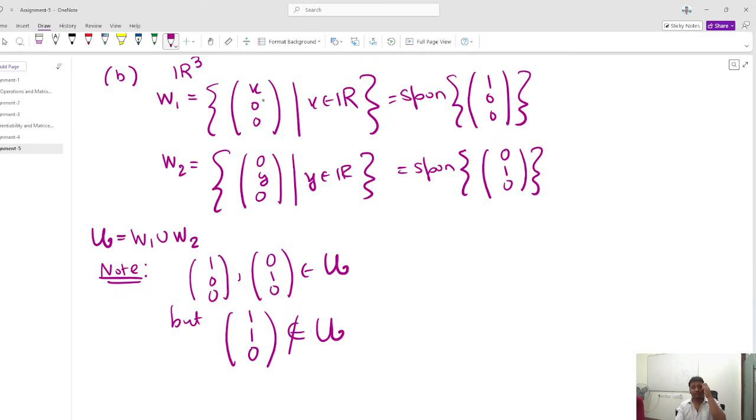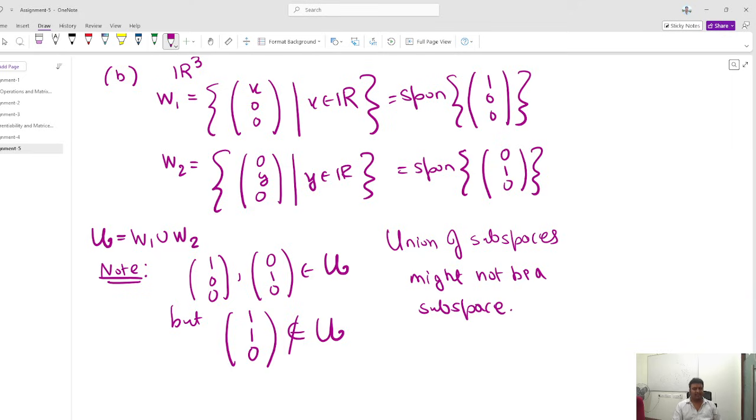Because it's not of the form (x, 0, 0) or (0, y, 0). So you see, this is the counterexample that the union of subspaces might not be a subspace. It can be, if you take two subspaces whose union is the full vector space, of course, right?